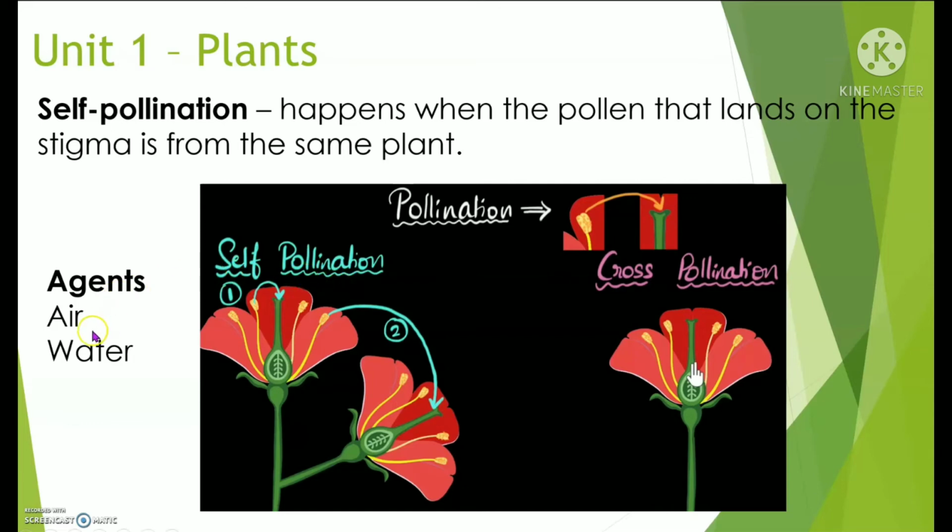The agents can be air or water. When the air flows, we can see the flowers moving outside, so the pollen grains can get into the stigma. When the air flows, the pollen grains from this flower can go inside the stigma of the same plant but a different flower. It can also happen to aquatic flowers in the water. So that's called self-pollination.